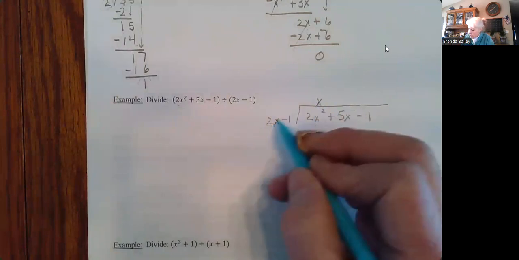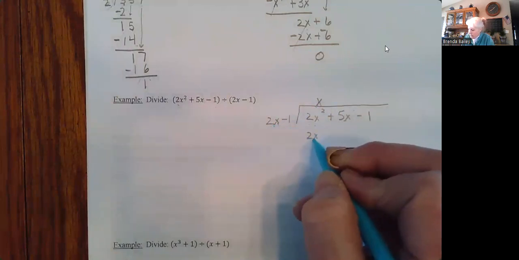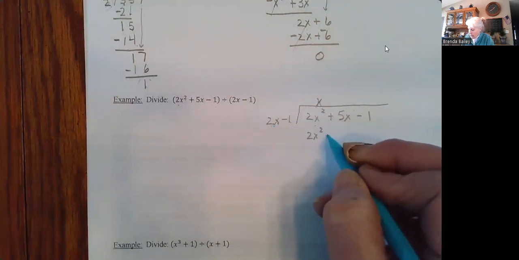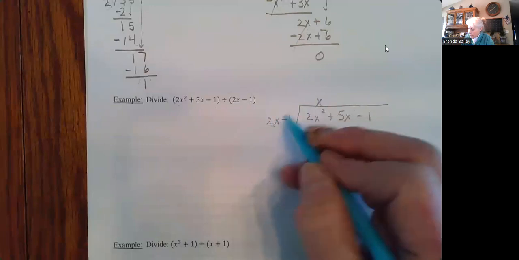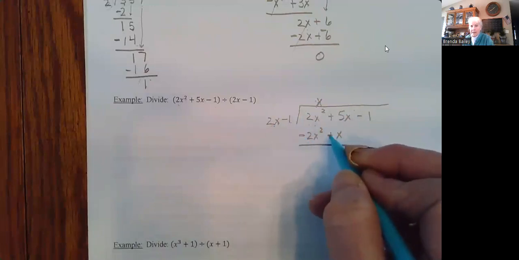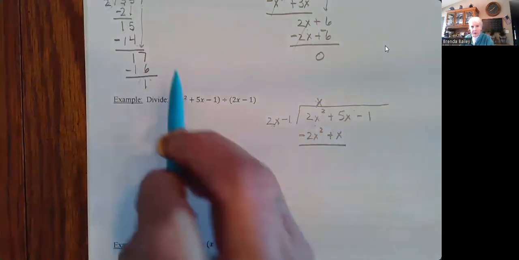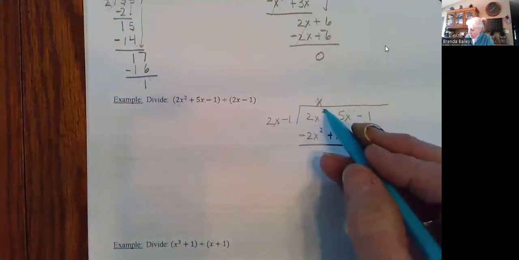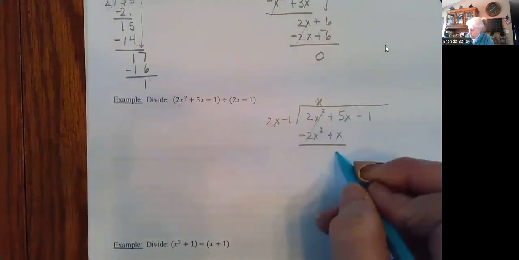So x times 2x is 2x squared. X times a minus 1 is a minus x. So you set it up with the first term, but then you do have to multiply. Change the signs. It's a subtraction at this point, just like we did over here. And add those, they drop out, 6x.